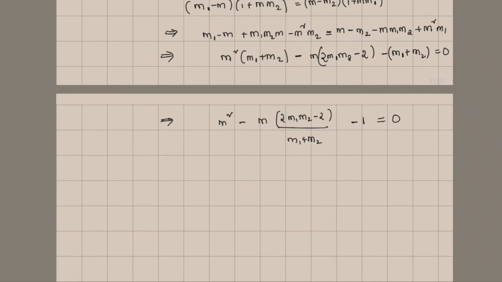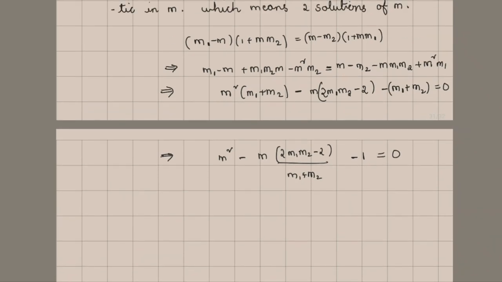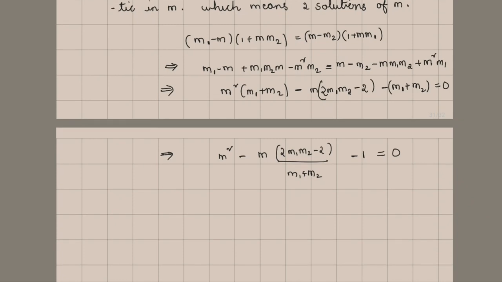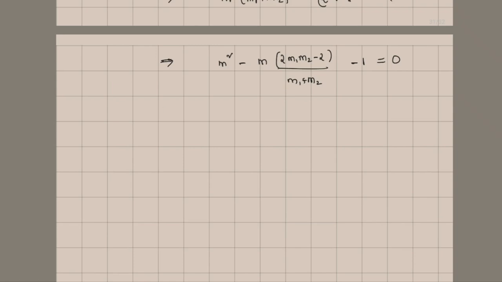See, we know that the product of those two slopes is -1, which is nothing but the product of roots of this equation is -1. From quadratic equations which you have learnt in earlier classes, you know the product of slopes, let m dash and m dash be the roots. Then the product is nothing but c by a.